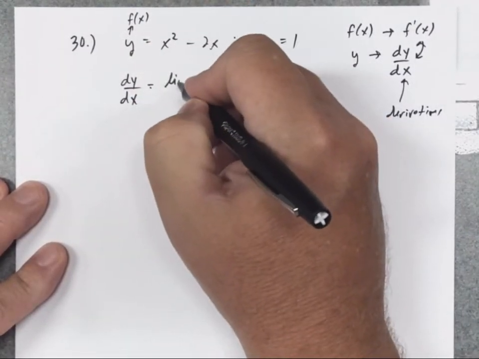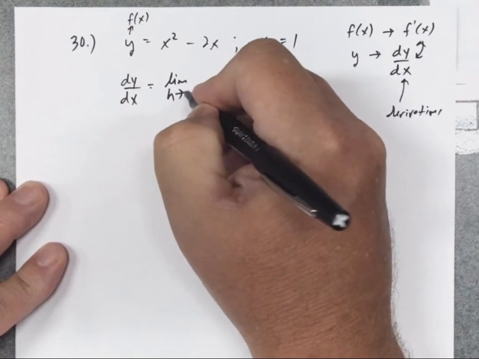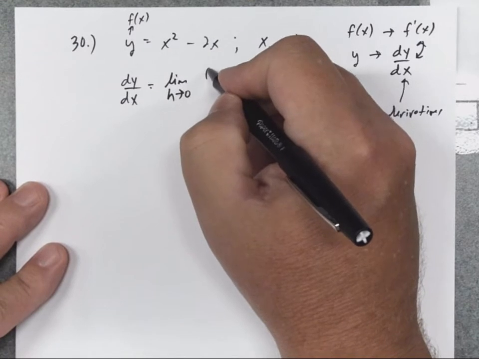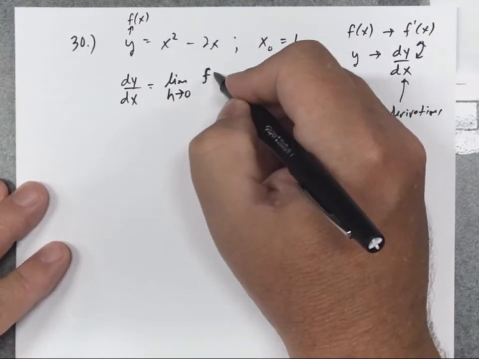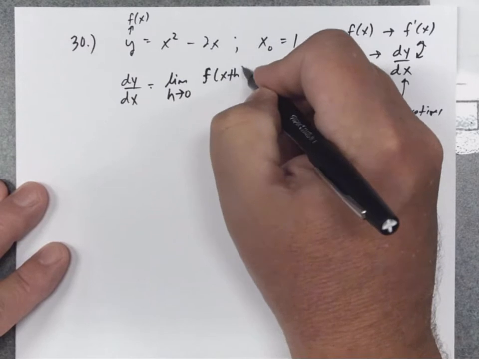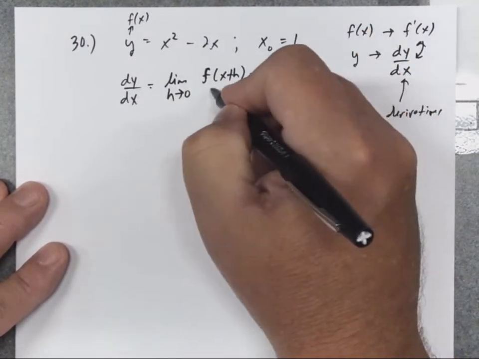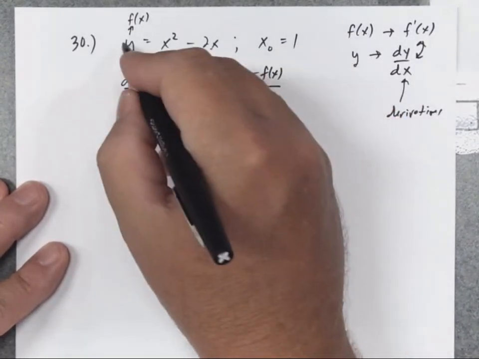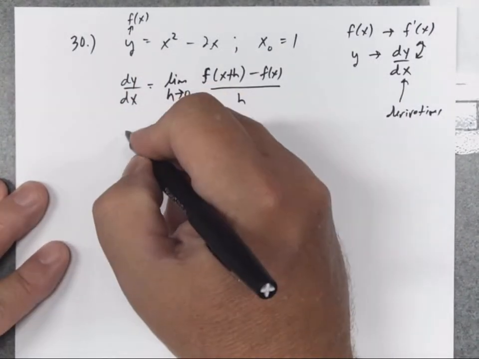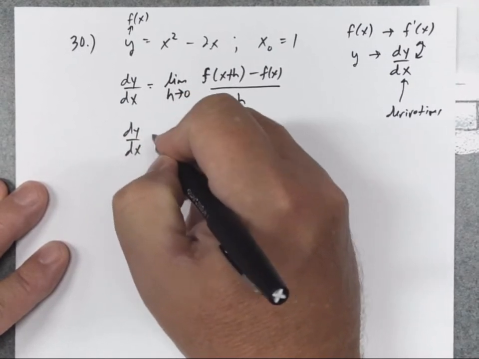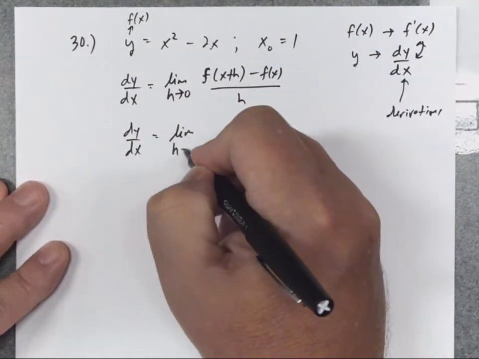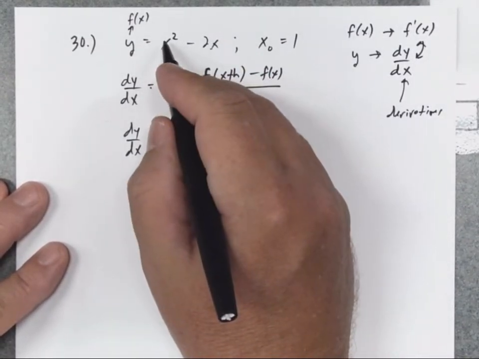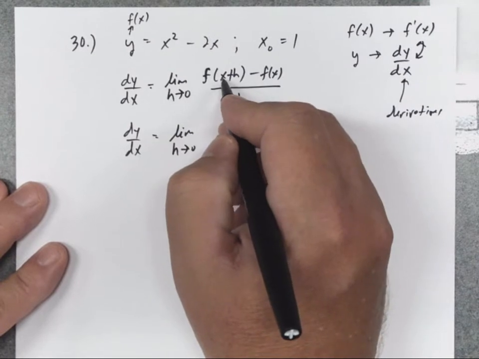So the actual formula is the same. Now here, even though it's not a function, I'm going to pretend it is because that's just how we learned to write this definition. Of course, we know that function f of x and y are the same. So now if I want to find the derivative, I'm going to go to my equation. Every place I have an x, replace it with x plus h.